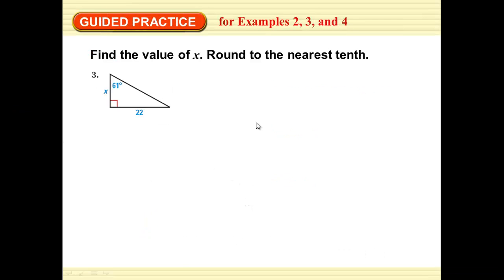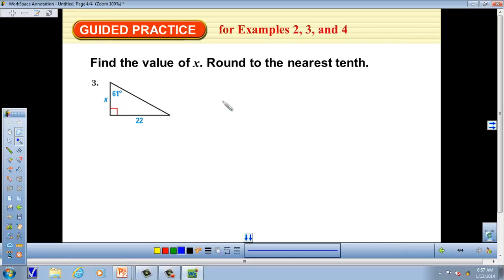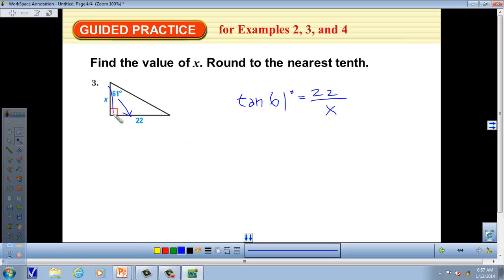Let's do this one as well, just to get the practice in. Again, opposite is here, so we would say tangent of 61 degrees equals opposite over adjacent. Opposite is 22, adjacent is x, this one right here. Multiply both sides by x. Those cancel. Here we have 22, and here we have x tangent 61 degrees.